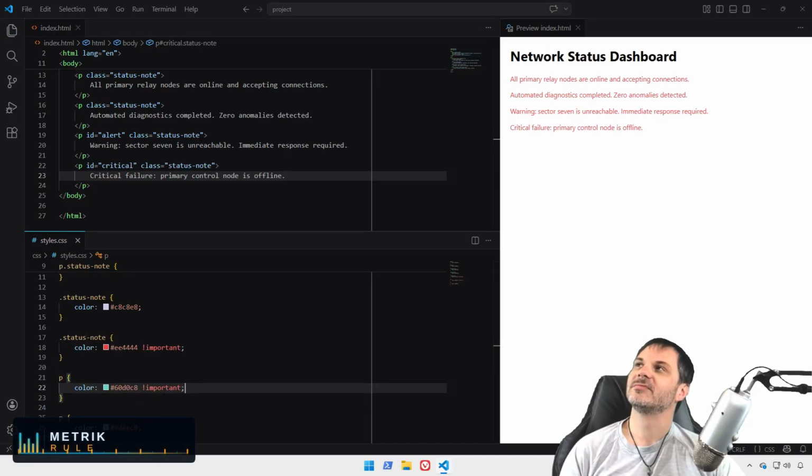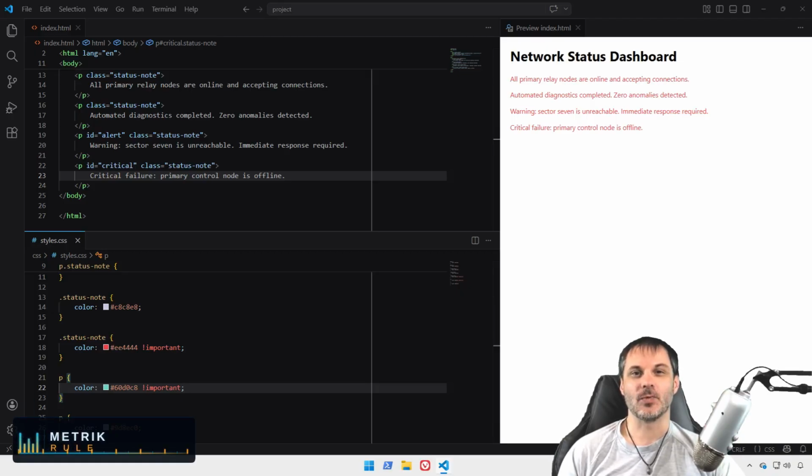The paragraphs are red. The dot status note declaration is winning because it has a higher specificity than the p rule's important declaration. When both declarations have exclamation mark important, you are now inside a second specificity tournament that only includes the important declarations. The same rules apply.